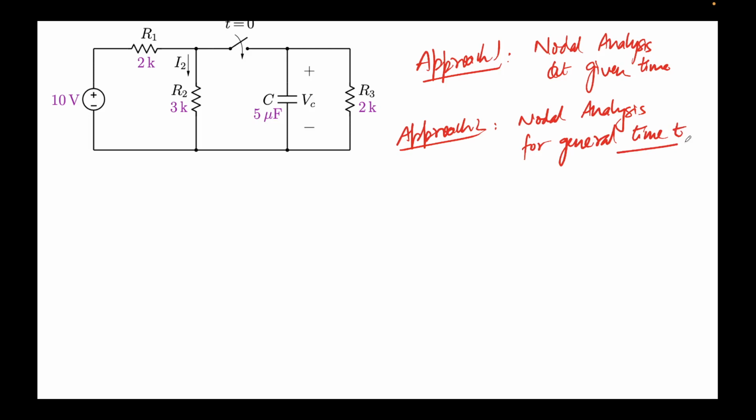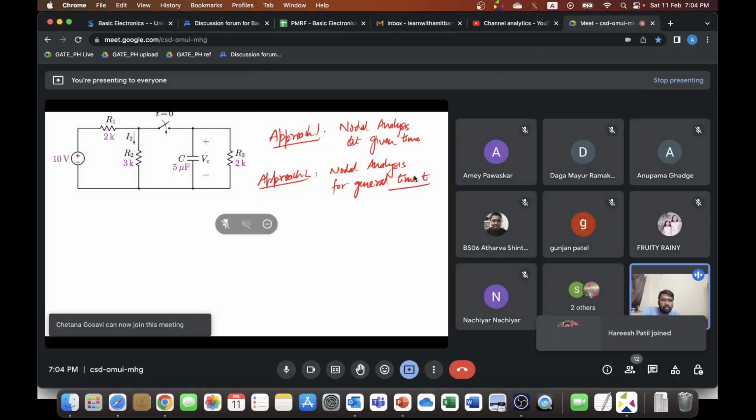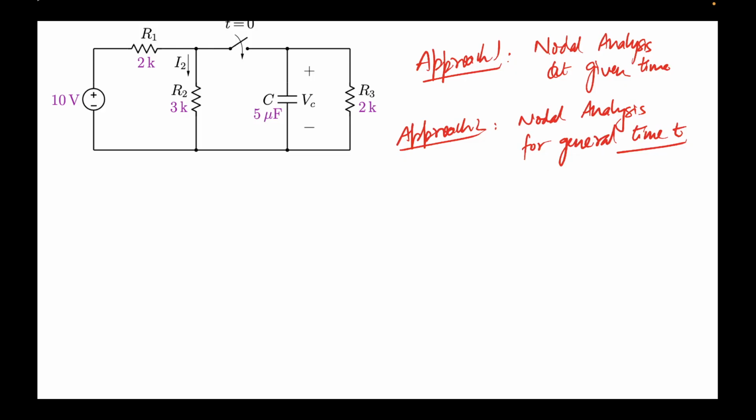If you want to evaluate the expression for any current, let's say I2, then you go for approach 2. If the question asks, then approach 1 will not help at all. That's why approach 2 is a more general approach. If you find it for a general time t, you can always input the value of the given time and get the answer. So in that aspect, approach 2 is better.